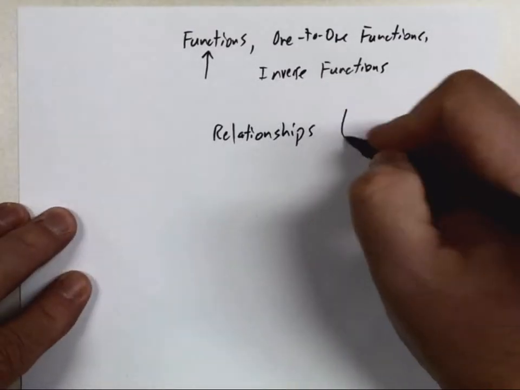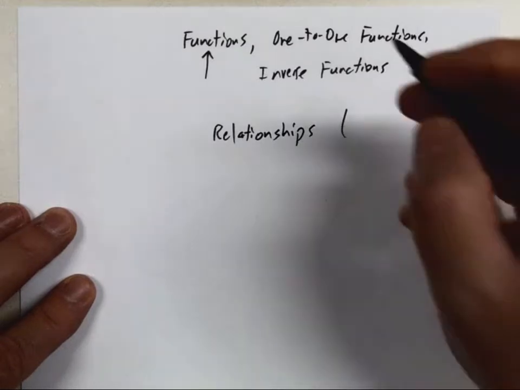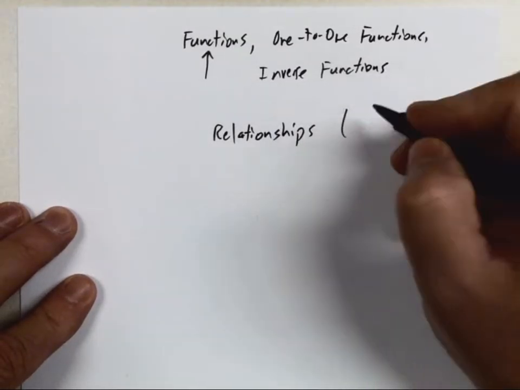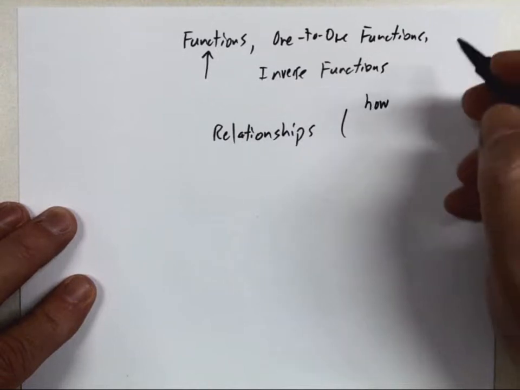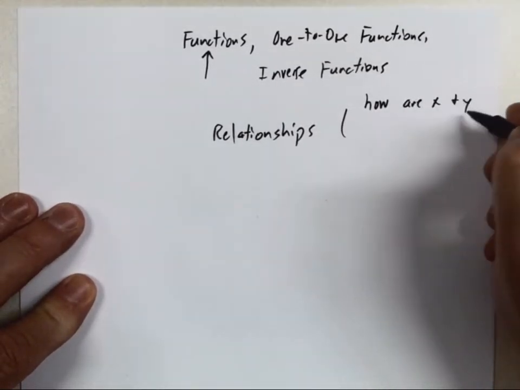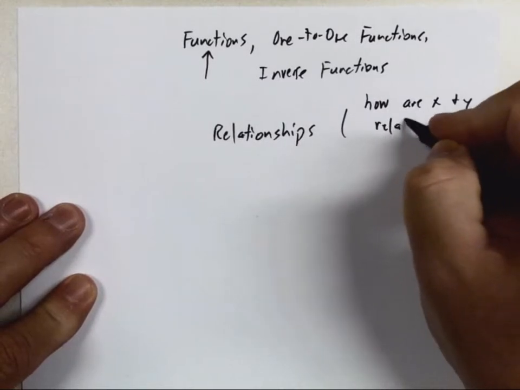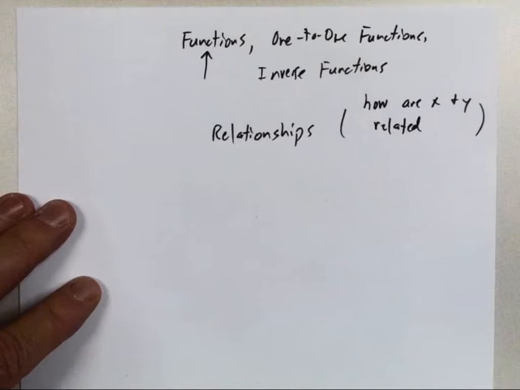In math, a big part of math and algebra, relationships, and by that I mean typically we have the two variables x and y. How are x and y related? That's what a relationship is.